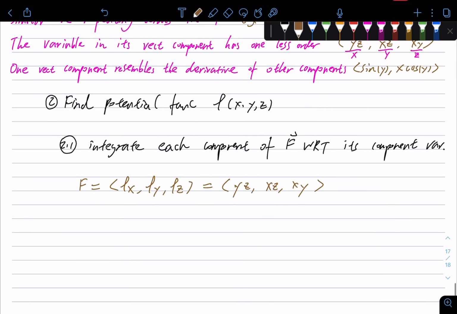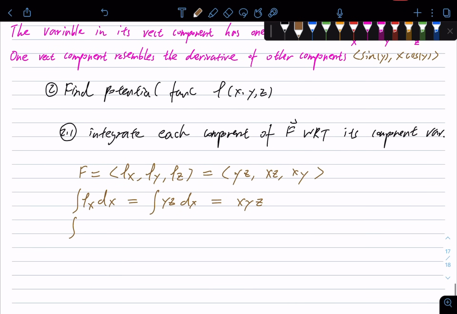So what I mean is the partial psi x dx equals yz dx. This will give us xyz, and then we're going to play the same game.